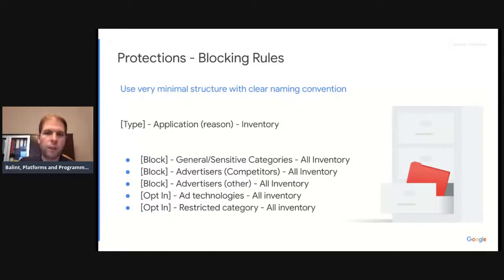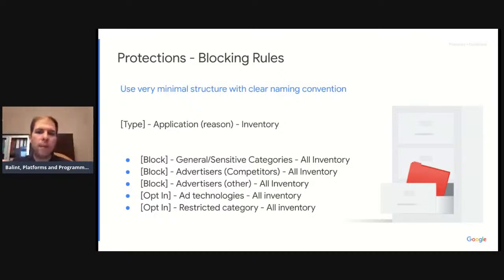Then when it comes to the blocking rules, here are some best practices: use a very minimal structure with clear naming conventions. And in an ideal world, you would probably only need 5 of these rules. Their build should be that you have a type, like what type of rule is it? Is it a block or an opt-in? Then what's the application or the reason?